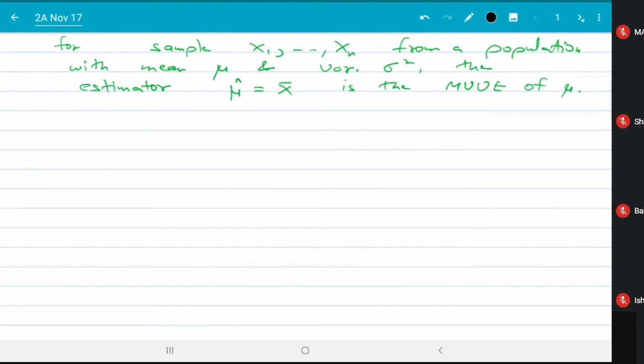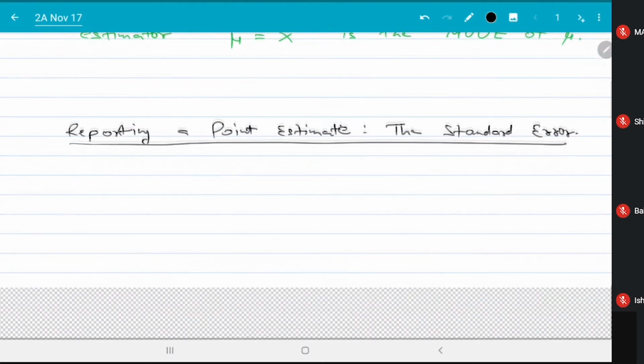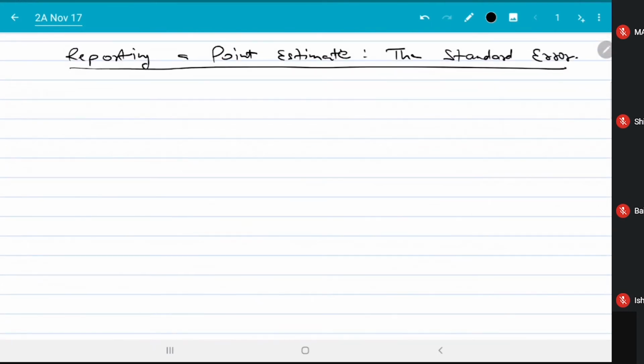For that, we should report, along with the value of the point estimate, the standard error. I could have written the sampling variance as well, but standard error is much more common. This is just the square root of the sampling variance of a parameter.